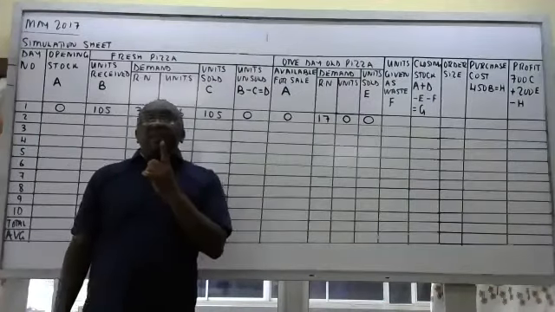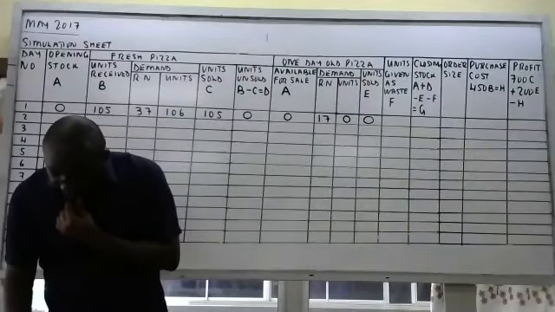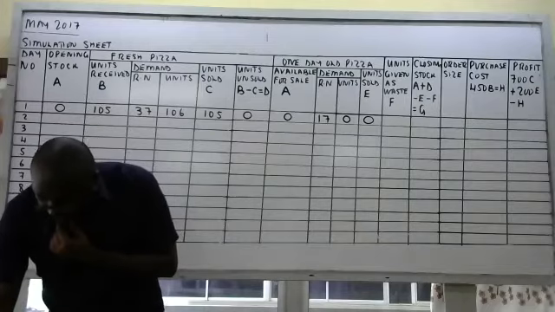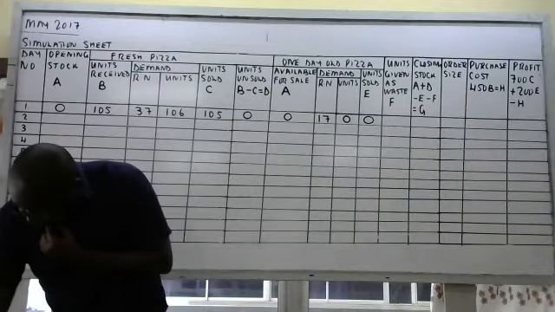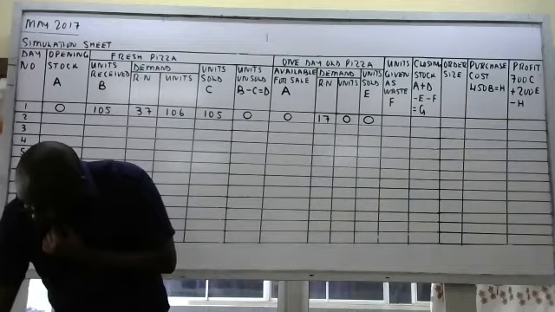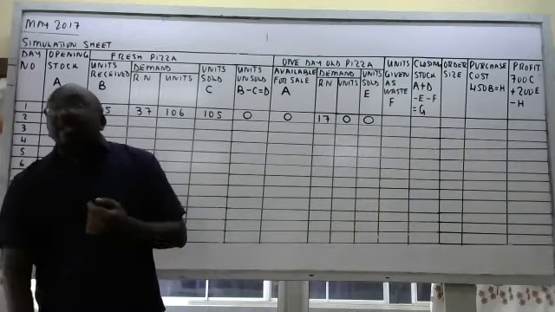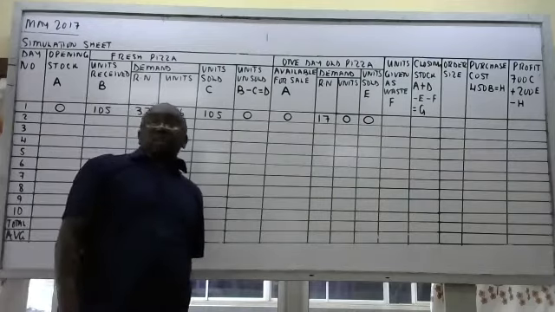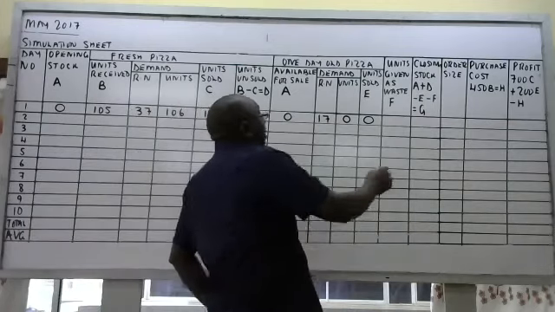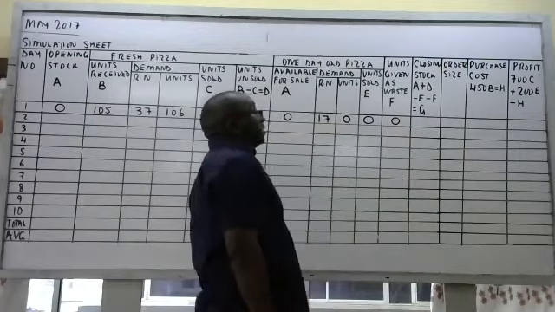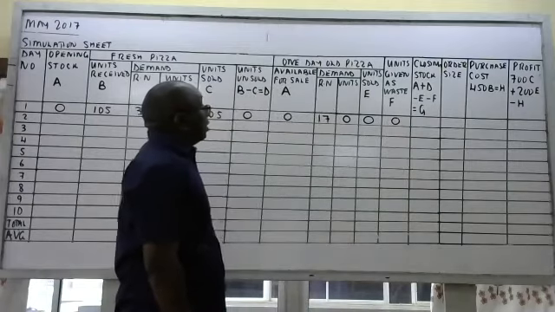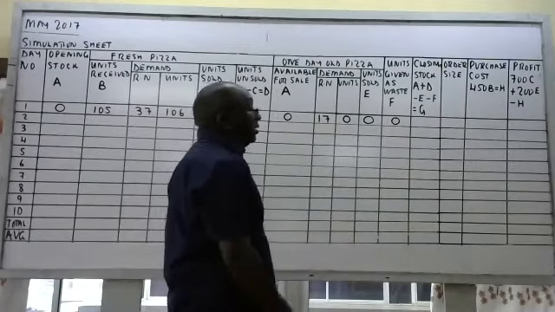Units are given as waste if by the end of the second day, they remain unsold. So there is nothing to give as waste. So what is our closing stock? It is still 0.